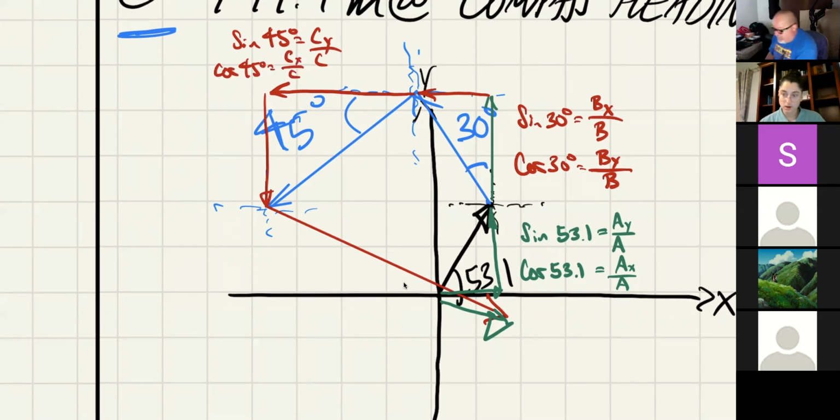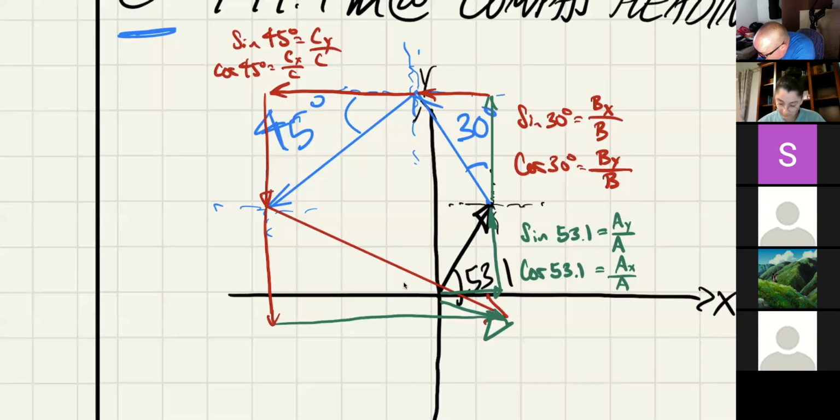And then finally, the last vector D is going to have a negative y component like this, but it will have a positive x component. I think we did green for that, right? Yeah. Right there.